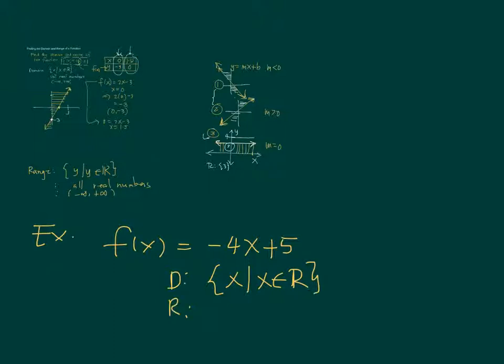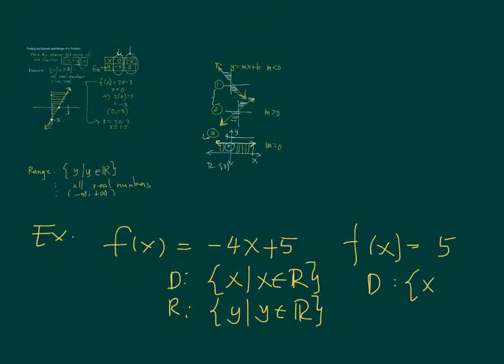The range will be y, so that y is a real number, because it's a linear function. If f of x is equal to 5, domain is still all the real numbers, but the range will be just the y value, which is 5.